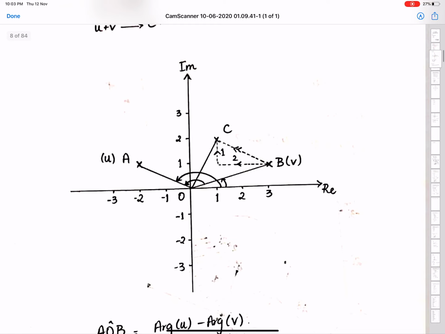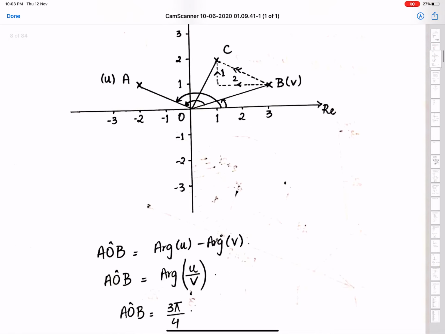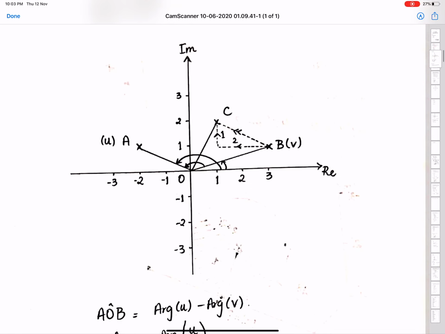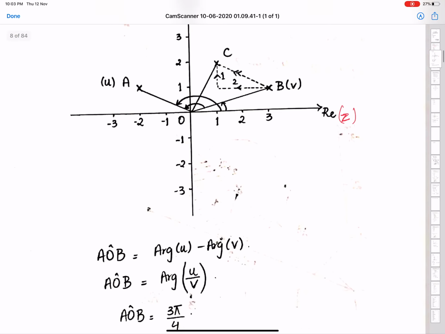Next part is show that AOB is 3 pi by 4. This is very simple. This is the Argand diagram. Make sure you write real part of z here. You must label this axis as real part of z, and this is the imaginary part of z. This is the way we label the axes of the Argand diagram. So this is A, this is B, and this is C, and we need AOB, we need this angle.